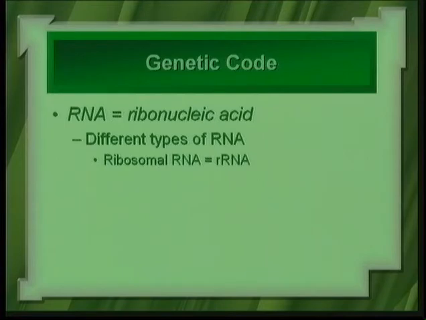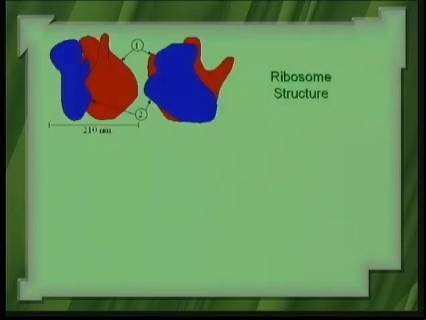The third type of RNA is called ribosomal RNA, or rRNA. It is a component of the ribosome, along with proteins. And remember, the nucleolus in the nucleus is responsible for the manufacture of ribosomal RNA and the other components of the ribosome. So this is a diagram of the structure of a ribosome. Generally, the ribosome has 2 subunits.